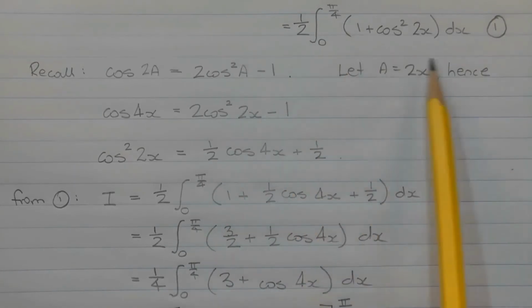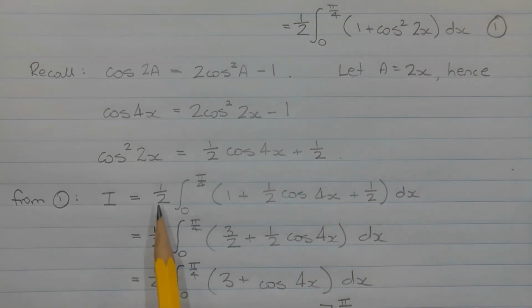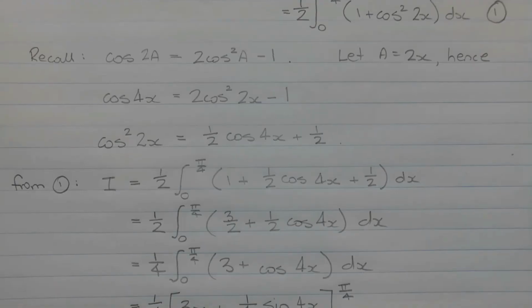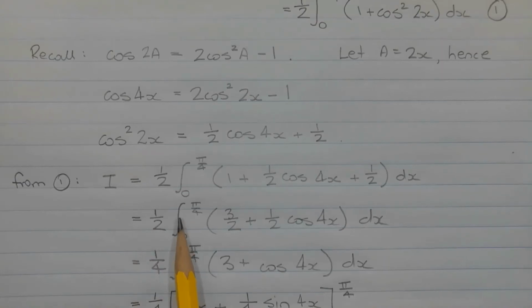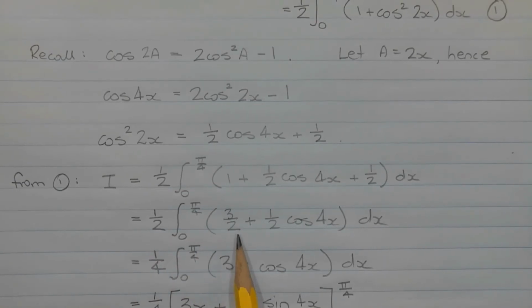So from equation number 1, we get I equals 1 over 2 times the integral from x equals 0 to x equals pi over 4 of 1 plus half cos 4x plus half dx. Collecting the like terms, that equals half times the integral from x equals 0 to x equals pi over 4 of 3 over 2 plus 1 over 2 times cos 4x dx.